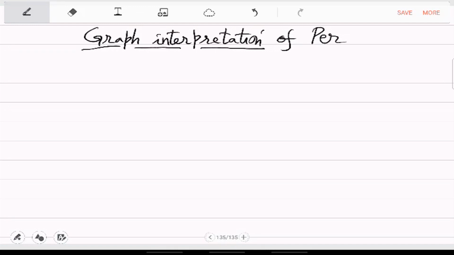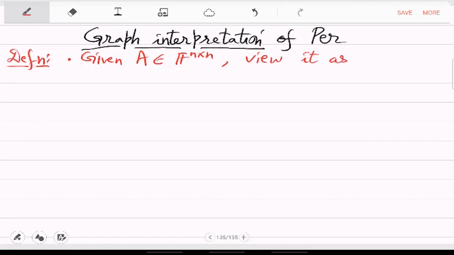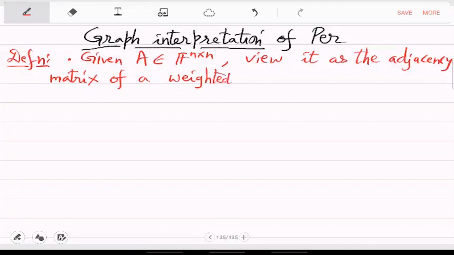So let's do that. Given a matrix n cross n, view it as the adjacency matrix of a weighted digraph, so directed graph, right?